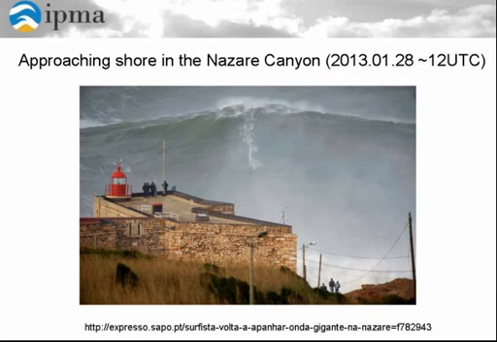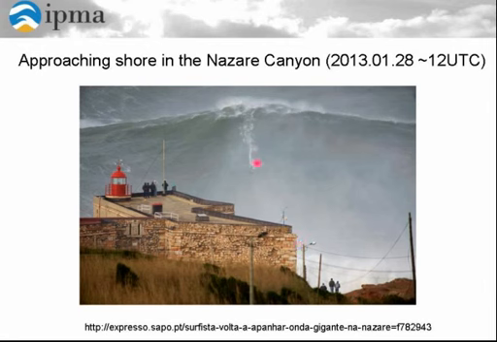That's where the Nazaré Canyon ends. And as you can see, this is a massive wave, a huge wave. I think the image speaks for itself.